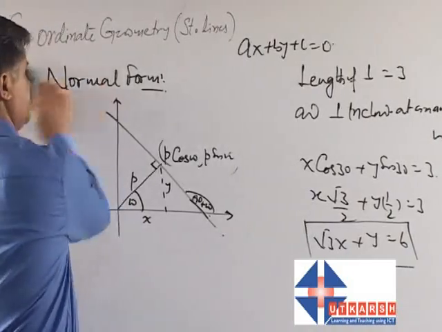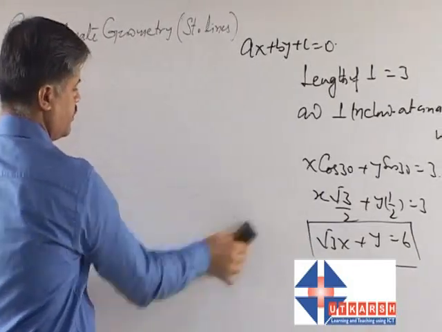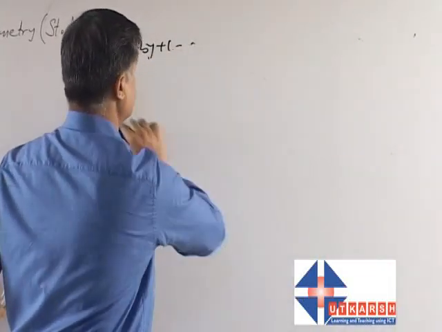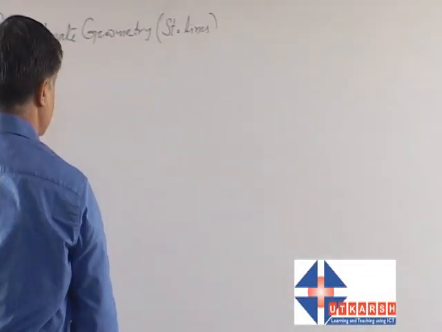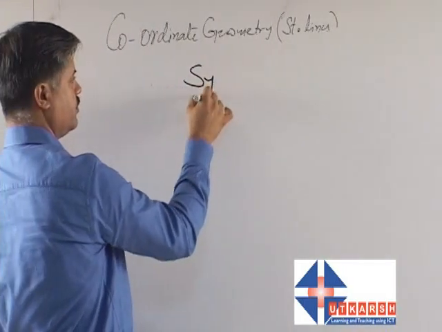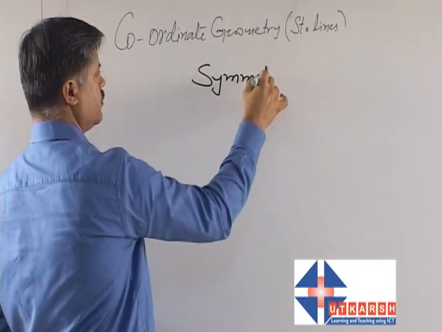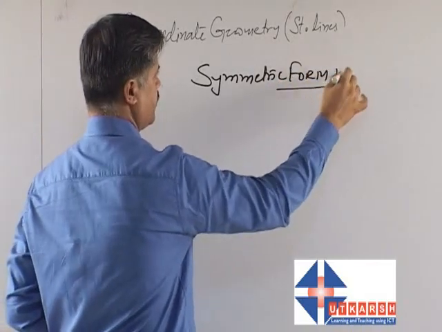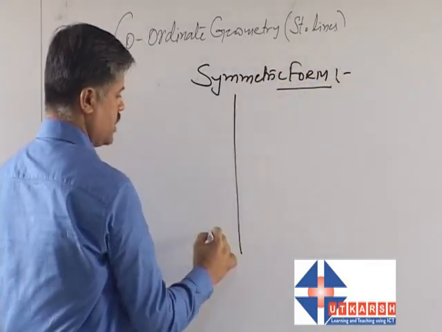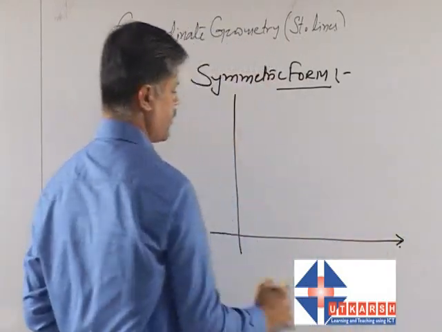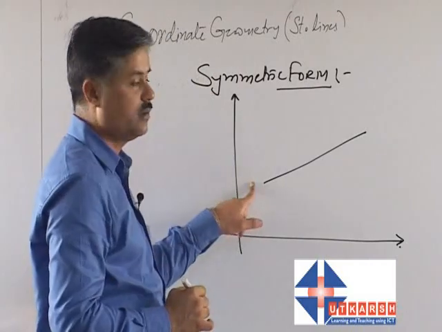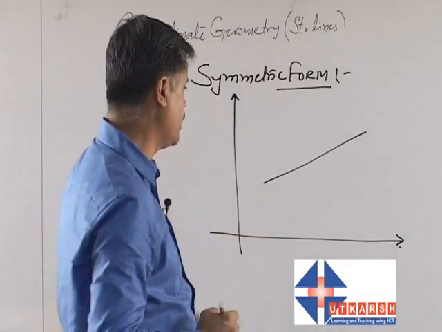Next form is symmetric form. Symmetric form, again not widely used. This is the coordinate axis. Say this is the line whose equation is to be found out.